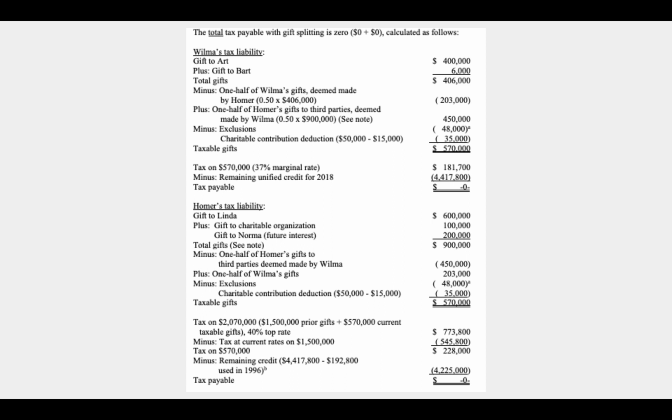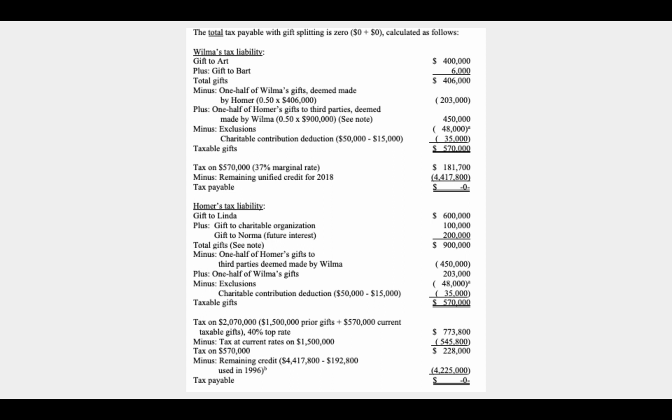So for Bart, the total gift was $6,000. Wilma is treated as making $3,000 of that gift, so she gets a $3,000 exclusion for that particular gift. And then for Art, Linda, and the charitable organization, she gets $15,000. So that's how we ended up with $48,000. It was 3 recipients times $15,000 plus $3,000.